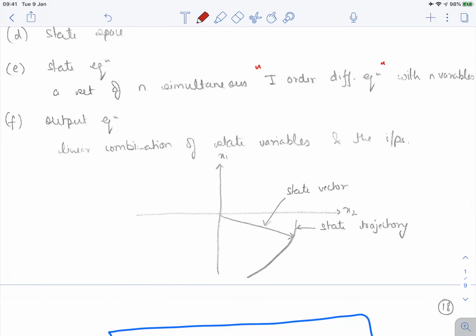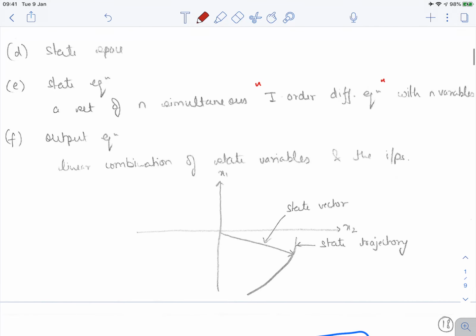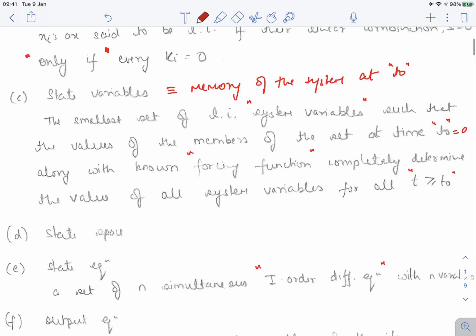Let's say I have two states, I have defined these two states, x1, x2. Now an important point to note here is that these state variables are basically defined by the users. Because in the definition it says I just need to find only those state variables which form the smallest set of linear independent system variables.